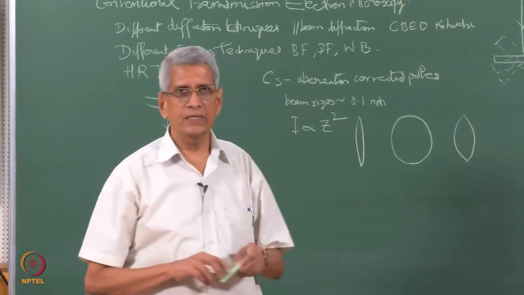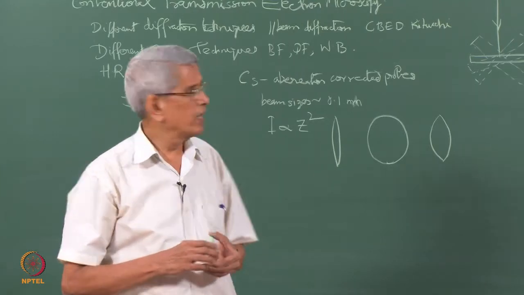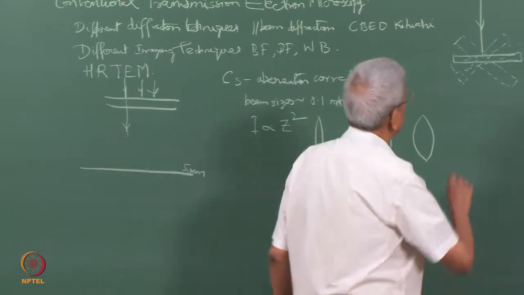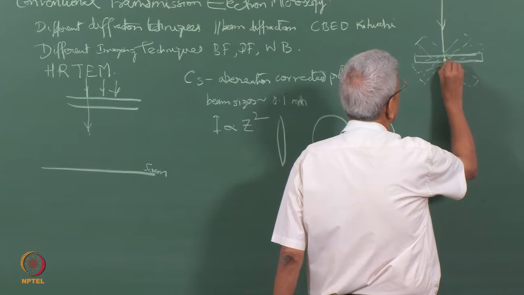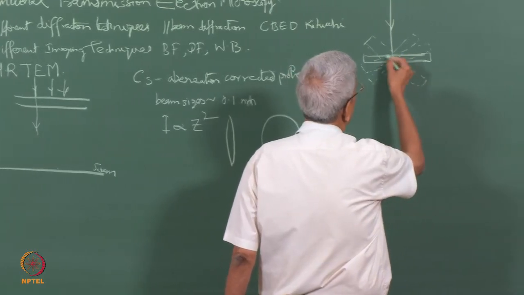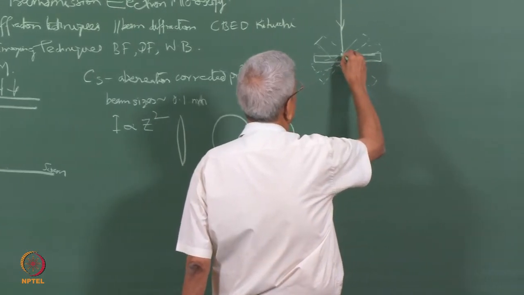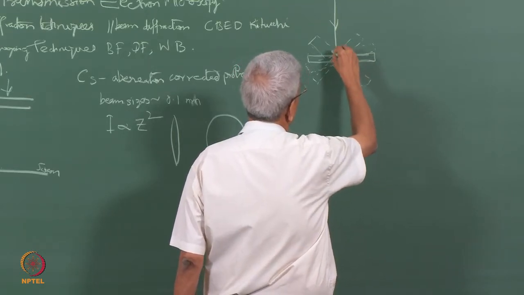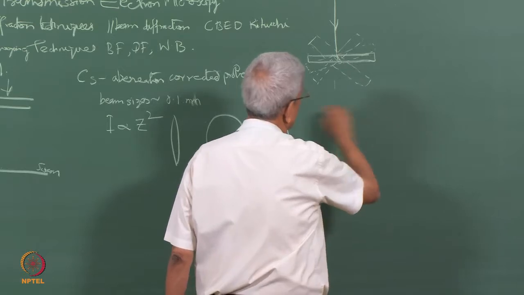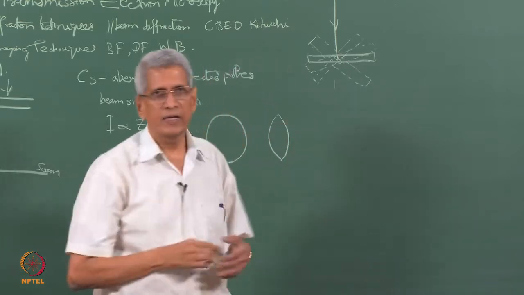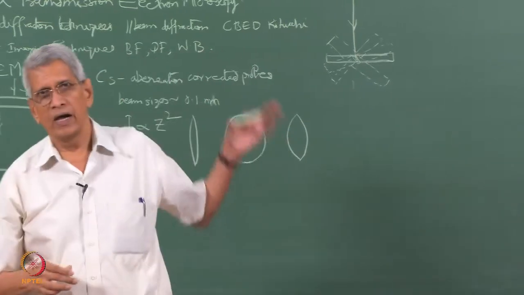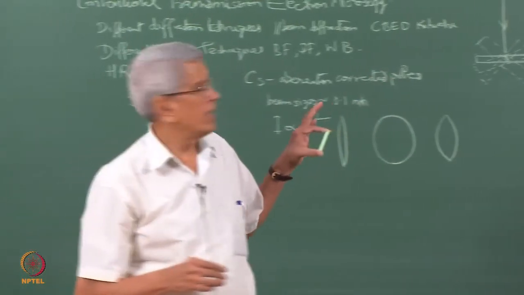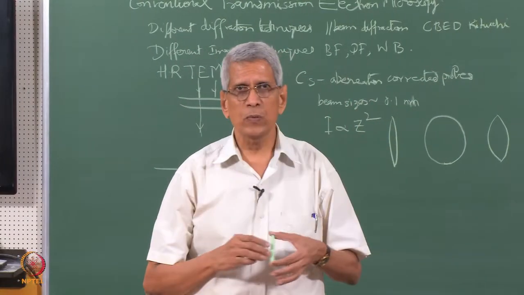for different tilts. What is going to happen is that, if a precipitate is here, depending upon the tilting of that sample, the precipitate also will change its orientation with respect to the incident beam, so that the shape of the particle which we are getting, as well as the contrast, will also vary.